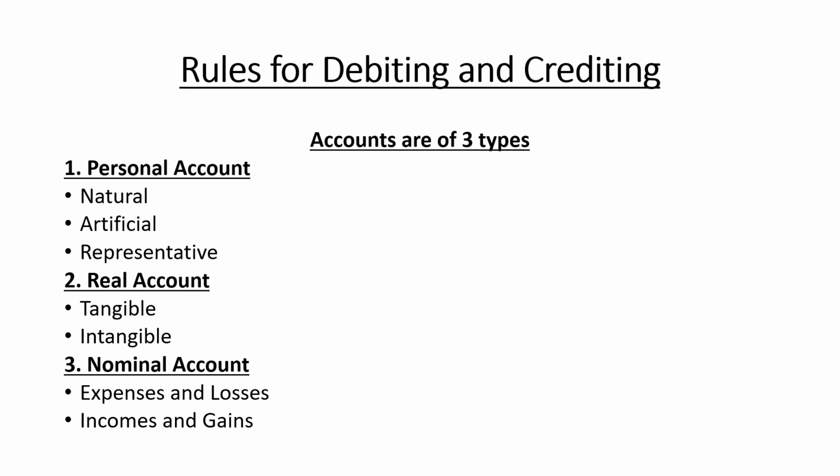The second one is the real account, where we talk about assets. Real accounts are of two types: tangible and intangible. Tangible means which can be touched, felt and measured, for example cash account, building account, furniture account.